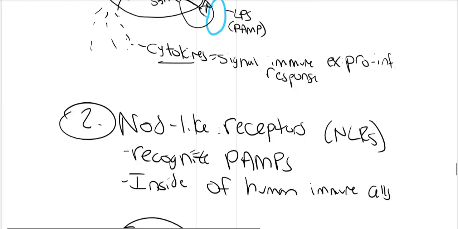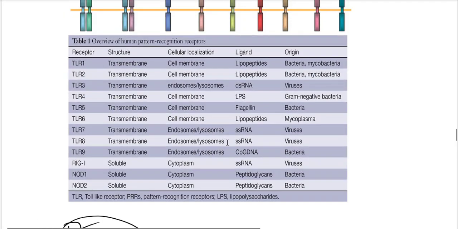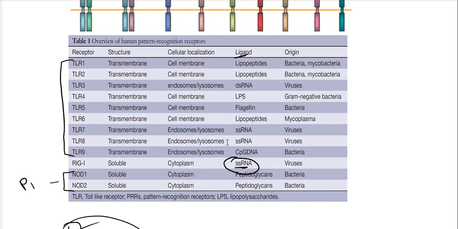And not just any virus. RIG-like receptors are specific to looking for single-stranded RNA viruses. So overall, we have many different toll-like receptors found on the outside of the cell. They recognize a wide variety of PAMPs. Nod-like receptors, which are inside the cell, also recognize a wide variety of PAMPs. RIG-like receptors are also inside, but they're specific to looking for viruses only.